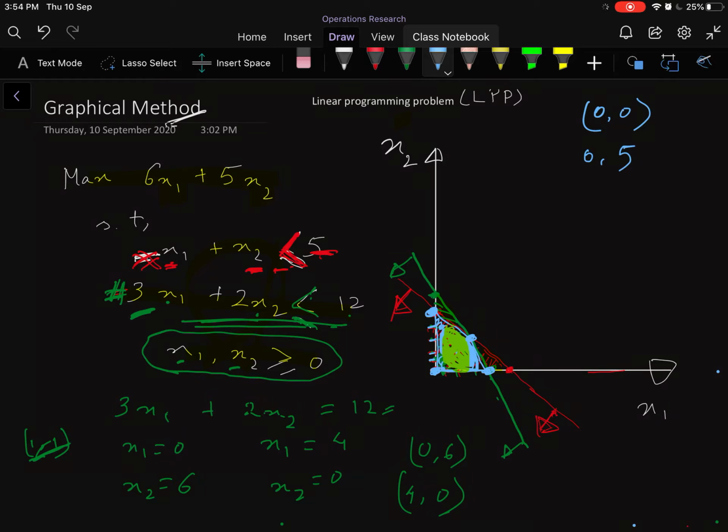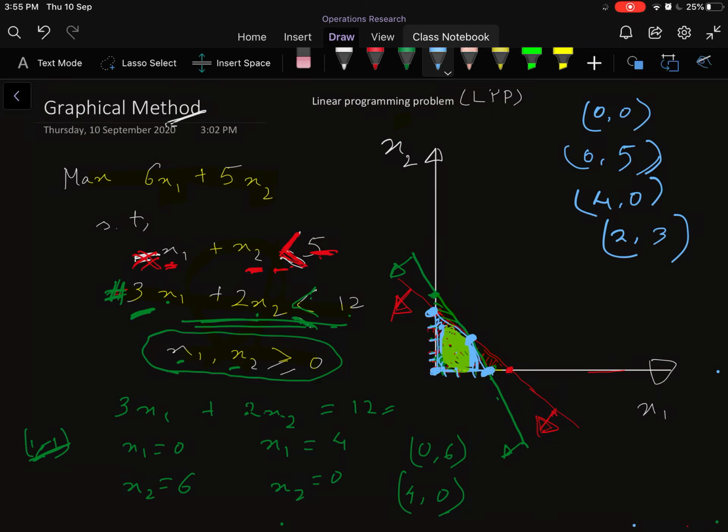Similarly, this point is 4, 0, and this point would be approximately 2 comma 3.